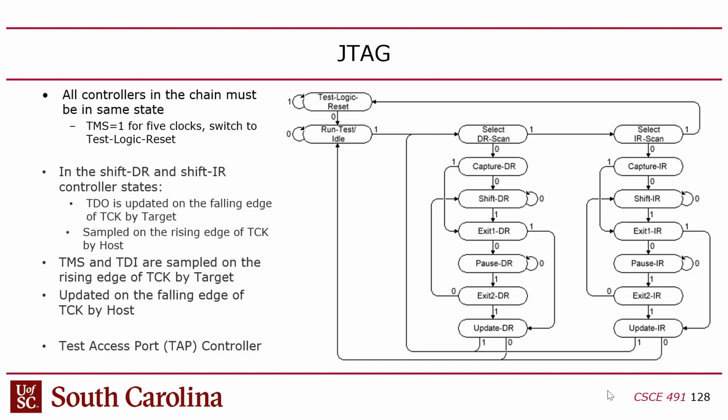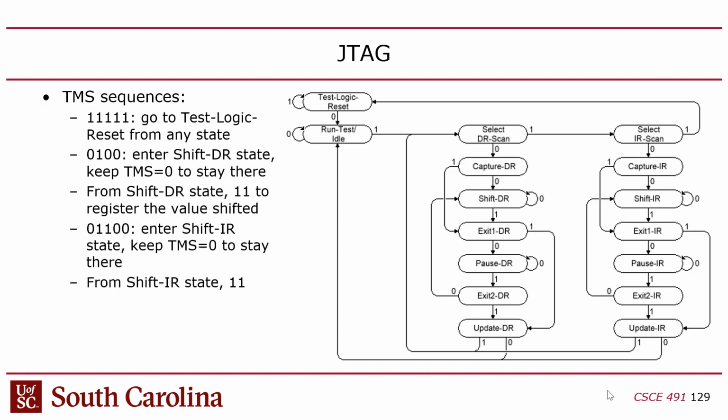Okay, so how do you get in these states? Well, the idea is that the test mode select is binary, but by using that in combination with the clock, because it's also clocked, you can put a sequence in. So let's say I want to go to the shift data register state. How do I do that?